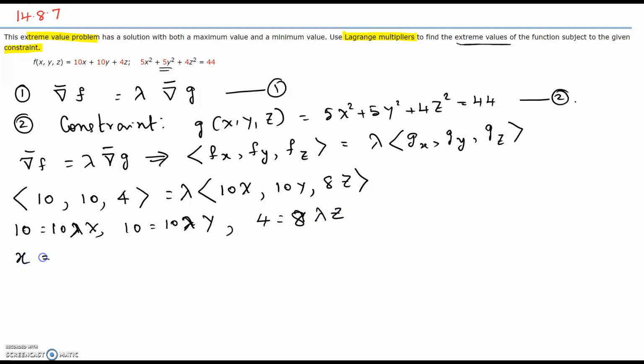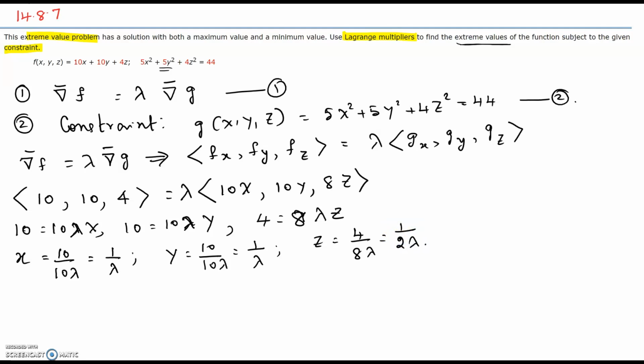That way we would get x equal to 10 over 10 lambda, or that will be 1 over lambda, y equal to again 10 over 10 lambda, which is equal to 1 over lambda, then z equal to 4 over 8 lambda, which is equal to 1 over 2 lambda. So we get x, which is 1 over lambda, y, which is 1 over lambda, z, which is 1 over 2 lambda.